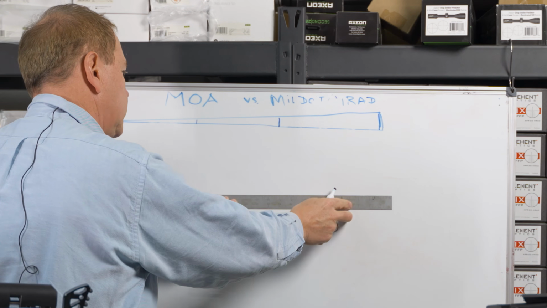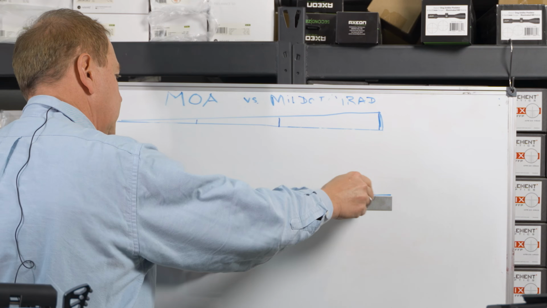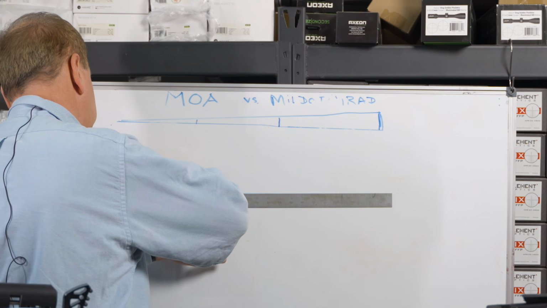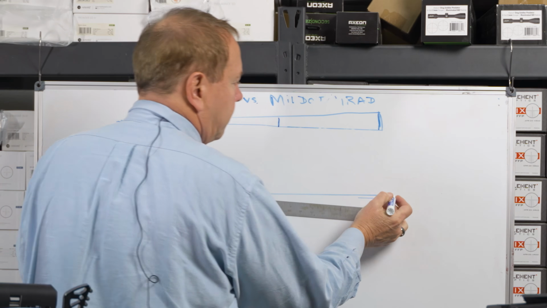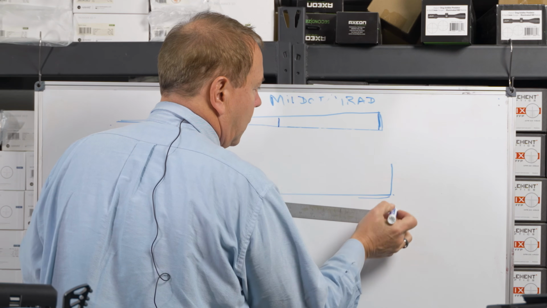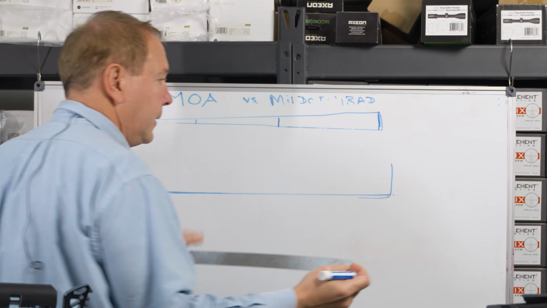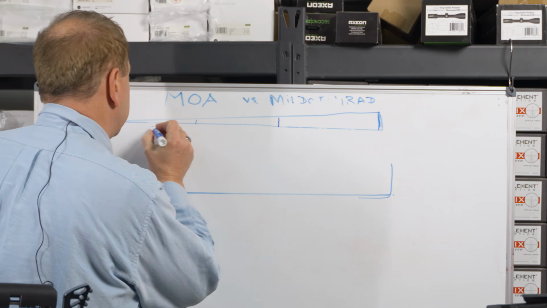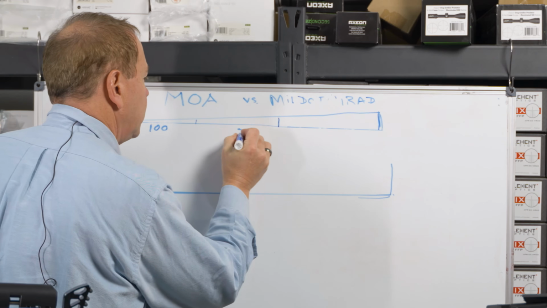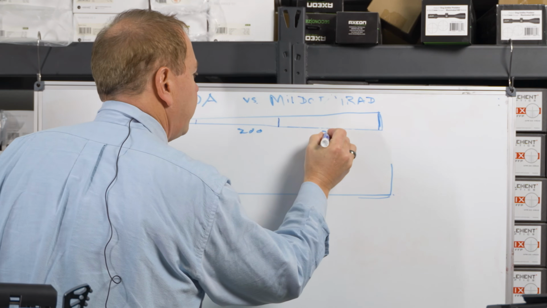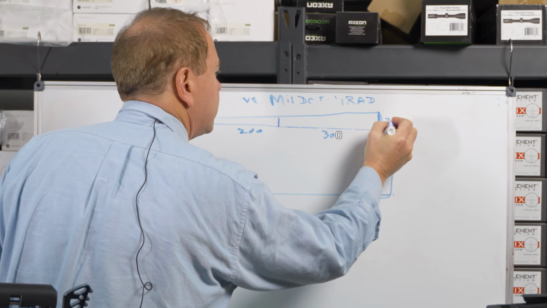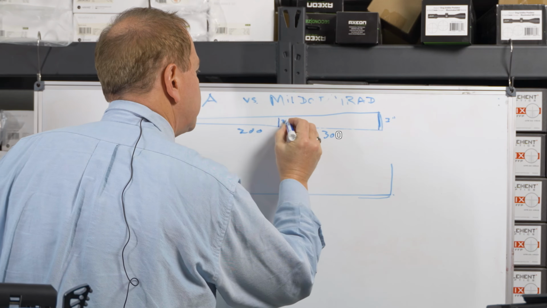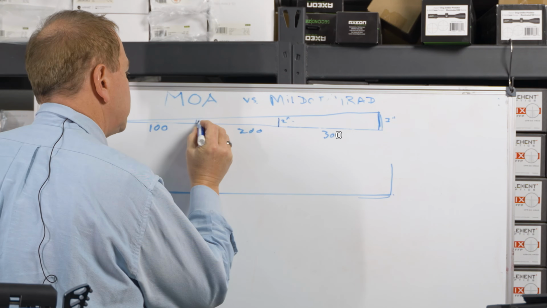Okay? That's a little tough to do this. I hope you guys can see this. There's our 1,000-yard shot. And we're going to go up 1 yard. Okay? So in 1,000 yards, this, by the way, we'll call this 100, 200, 300, and this will be 3 inches, 2 inches, and we'll make that 1 inch.